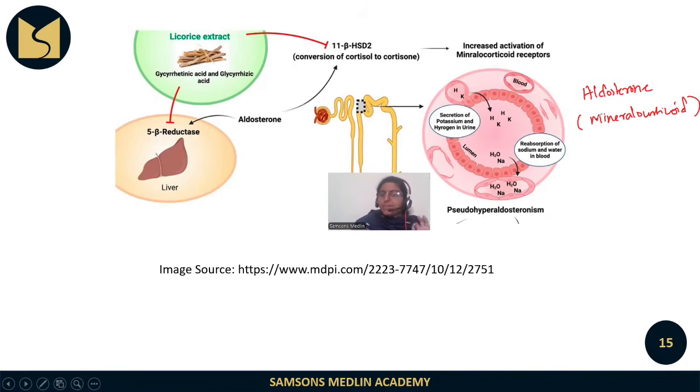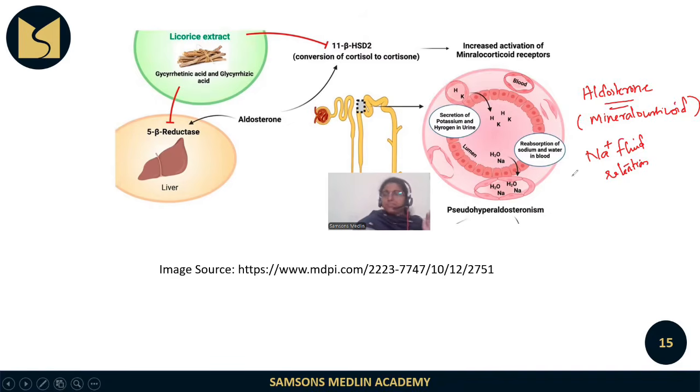Now, what is the function or action of this aldosterone? It is responsible for causing sodium and fluid retention in the body. So this aldosterone will help to retain sodium and water within the body. That is the action of this aldosterone or mineralocorticoid.